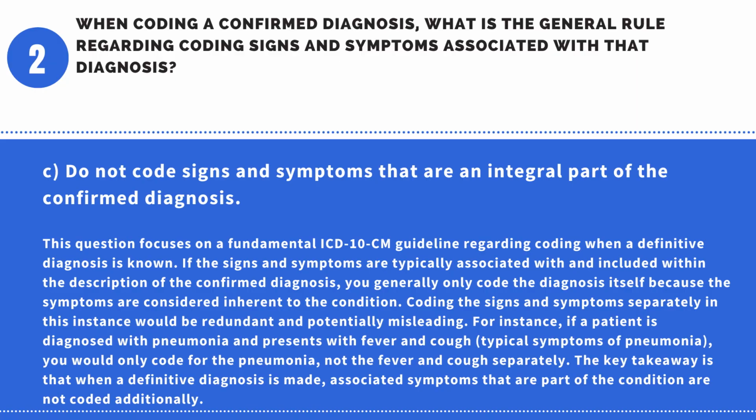Coding the signs and symptoms separately in this instance would be redundant and potentially misleading. For instance, if a patient is diagnosed with pneumonia and presents with fever and cough, typical symptoms of pneumonia, you would only code for the pneumonia, not the fever and cough separately. The key takeaway is that when a definitive diagnosis is made, associated symptoms that are part of the condition are not coded additionally.